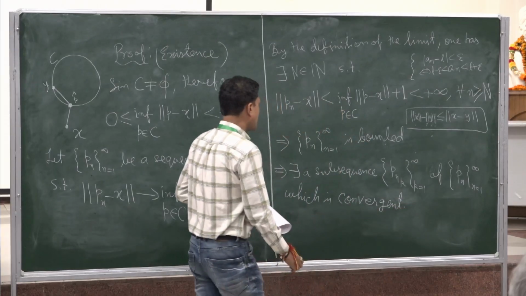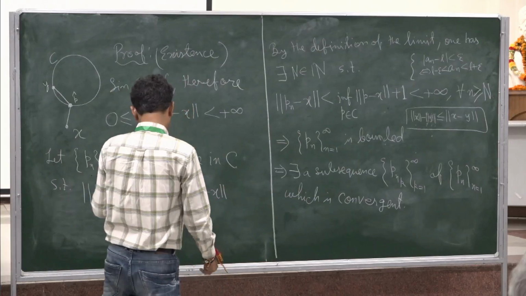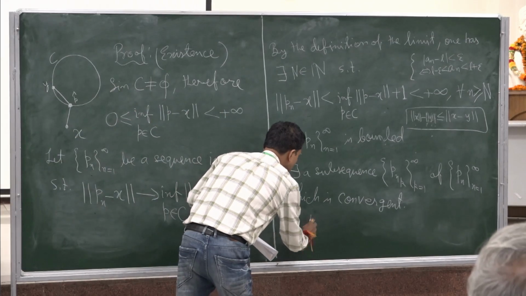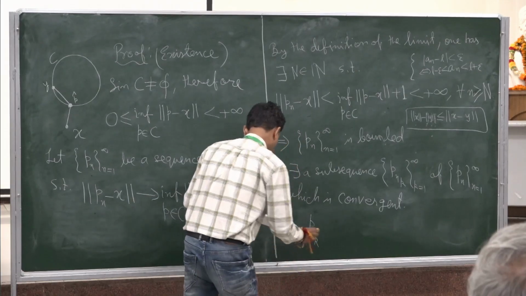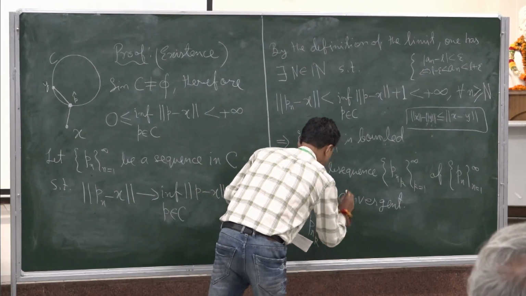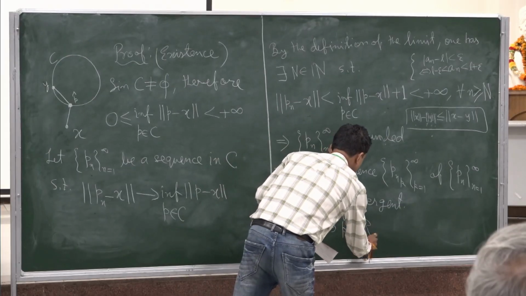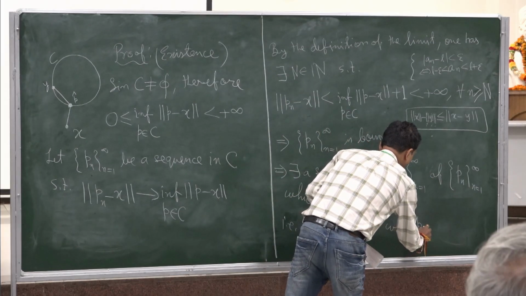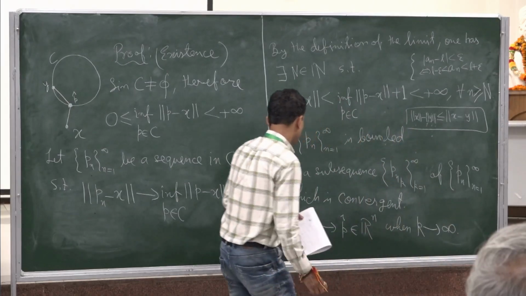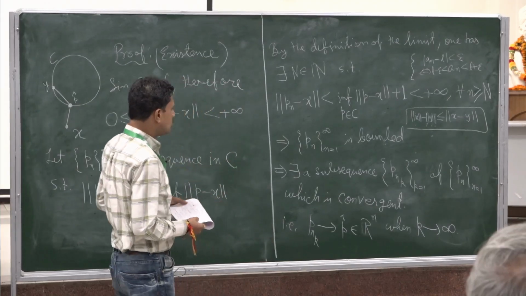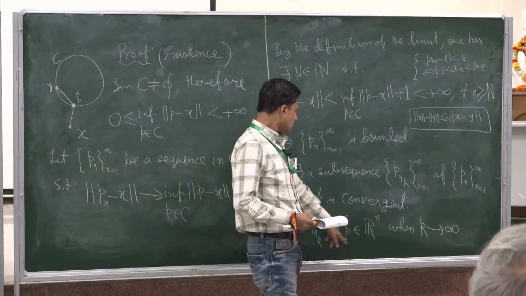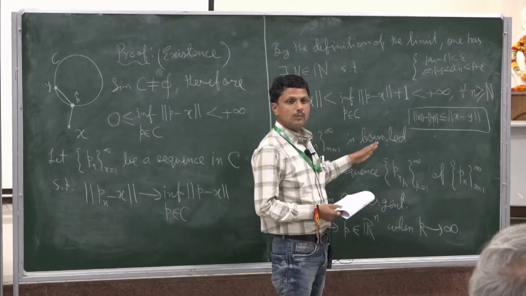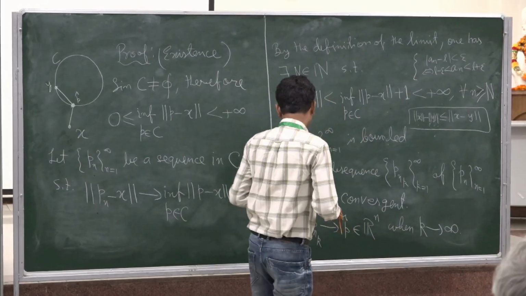So P_{n_k} converges to some P hat in Rn when k tends to infinity. But that number may not be in C; it will be in Rn.